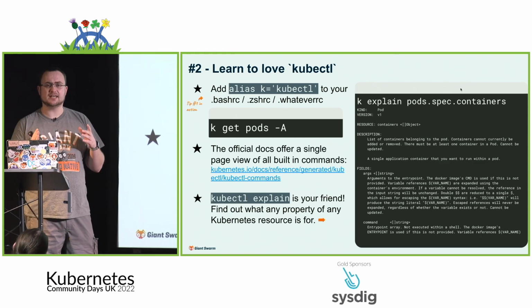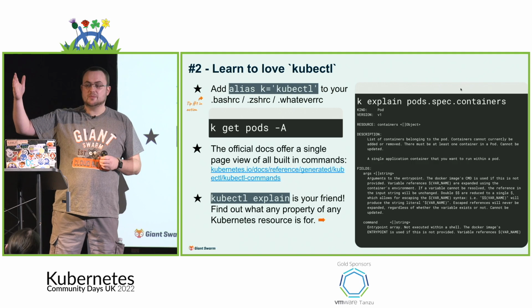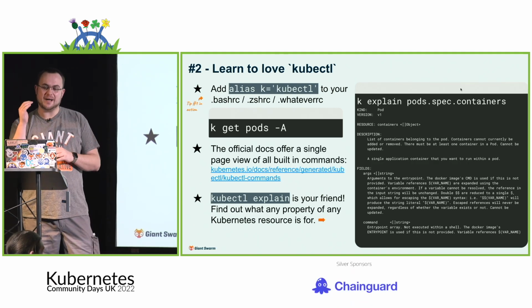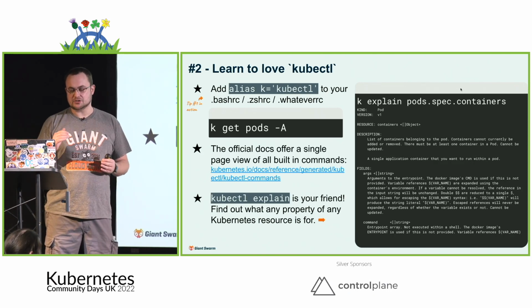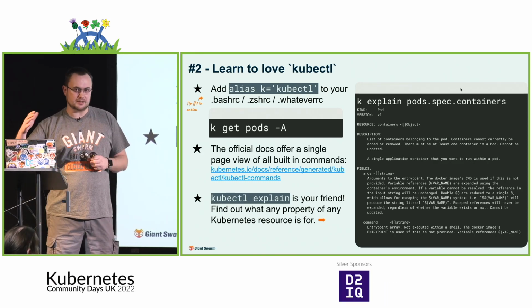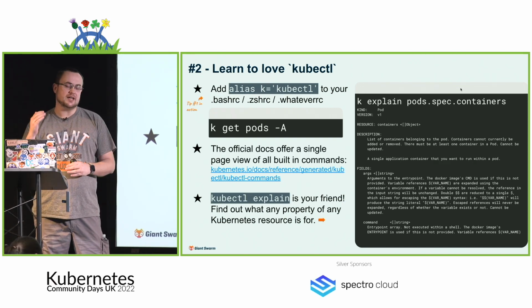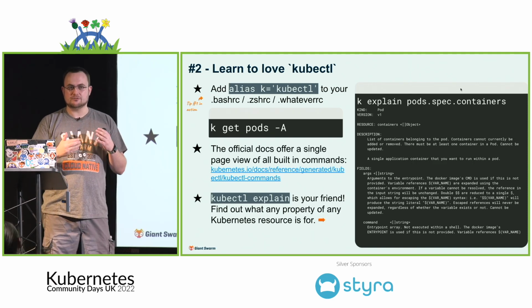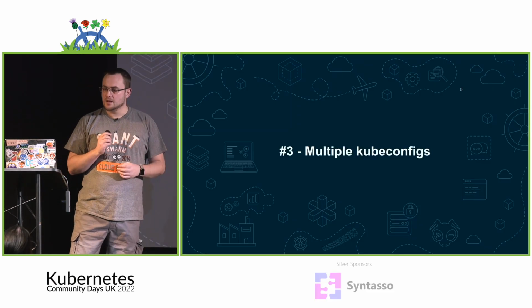You can provide that with, for example, as you can see on the right here, pods.spec.containers, and that will give you all of the documentation about the containers property in the pod spec right there in your terminal. So you don't need to go off to some third-party website, to the Kubernetes documentation or whatever. You can get it all there. That's really useful if you know specifically what you're looking for, but if it's a more general thing, I recommend going to the official docs.